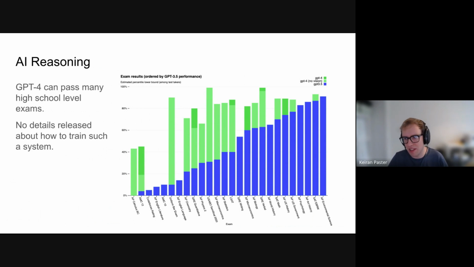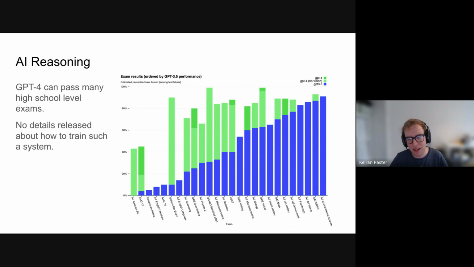This includes things like the AP exams, SAT, GRE, and some math competitions, etc. By scaling up their language model to GPT-4, they're able to pass the vast majority of these exams. And this is actually how we evaluate our students. So I think any sufficiently strong language model that's able to reason should probably be able to do these.